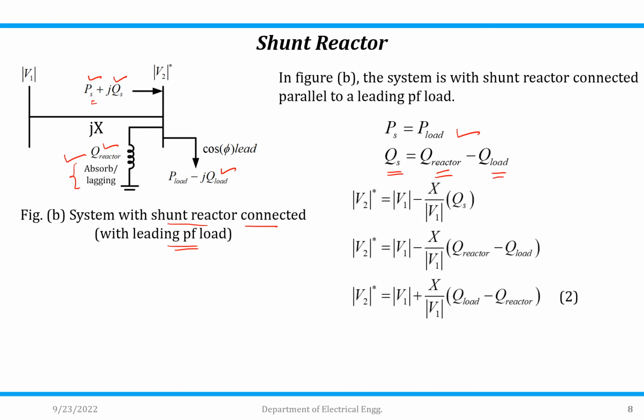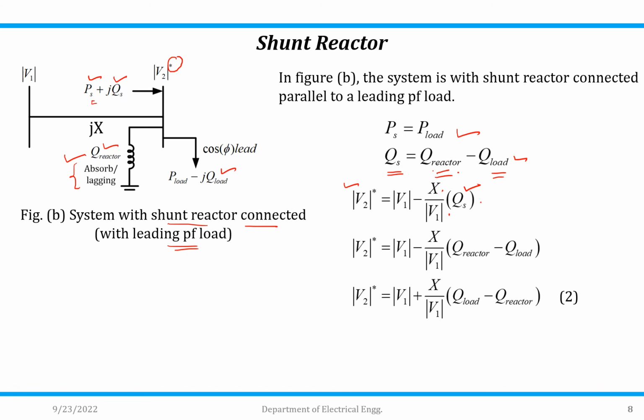So this is what is V2 star. What this star indicates, I also discussed initially in the shunt capacitor. V2 star is nothing but the receiving end voltage when the shunt reactor is connected to the system. So V2 star will be equal to V1 minus X upon V1 into QS. I will put the value of QS as Q reactor minus Q load.